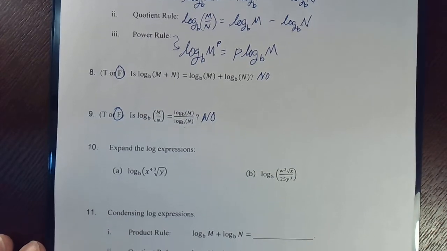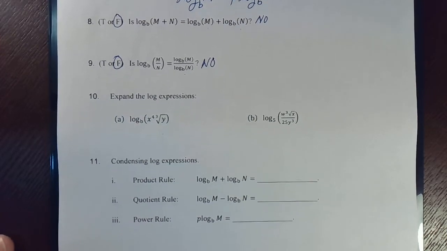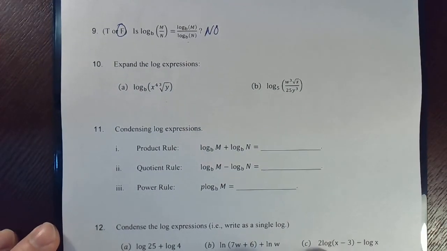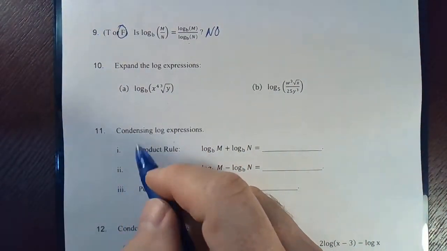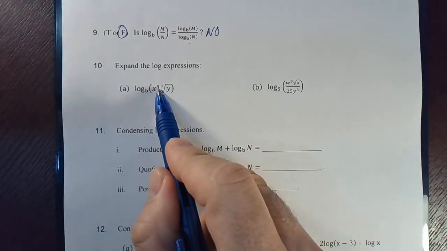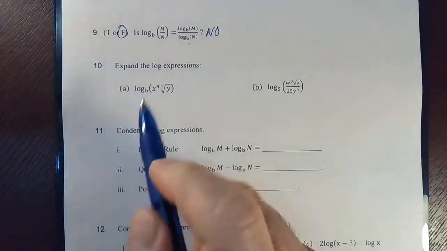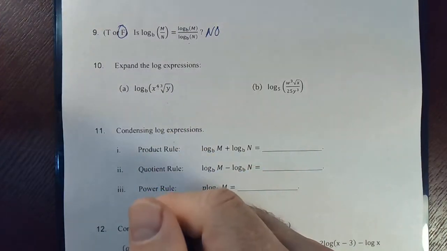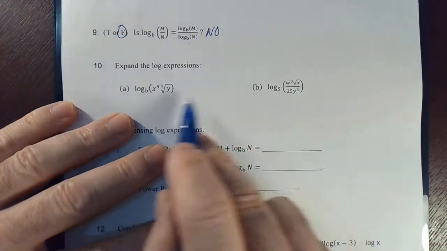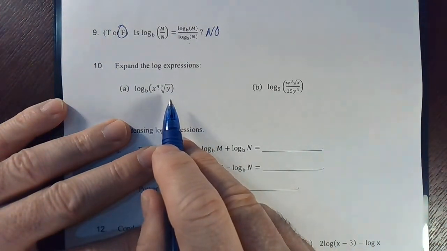Okay, now let's do some longer expansion problems. Expand these expressions. Log base b of, and if you can't quite make that out, it's x to the 4th times the cube root of y. All right, well, the first thing I want to do is get rid of the radical and write an exponent in its place.